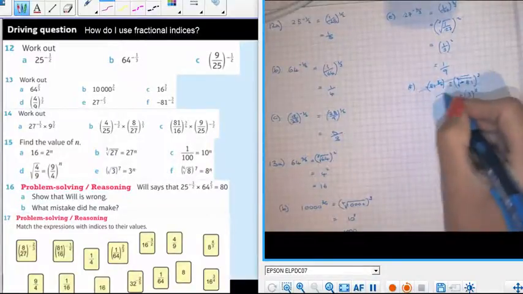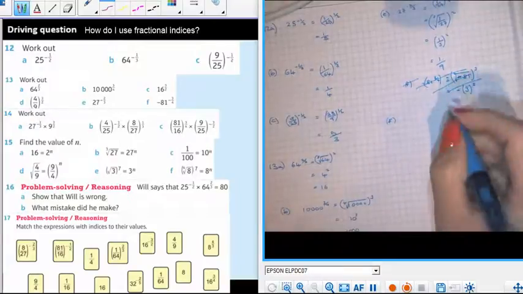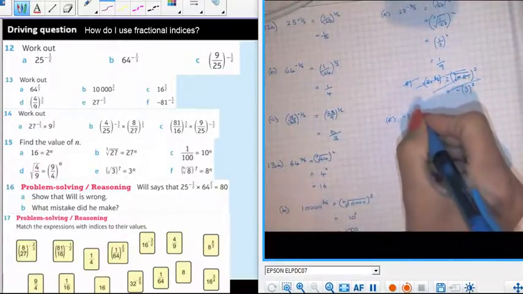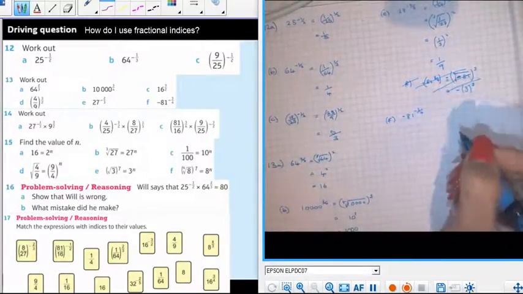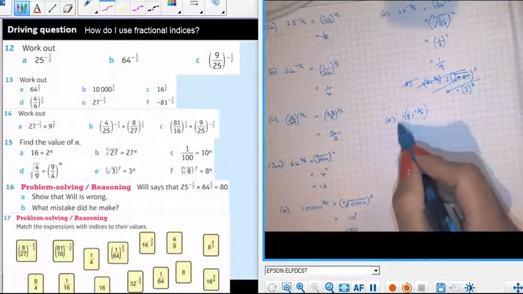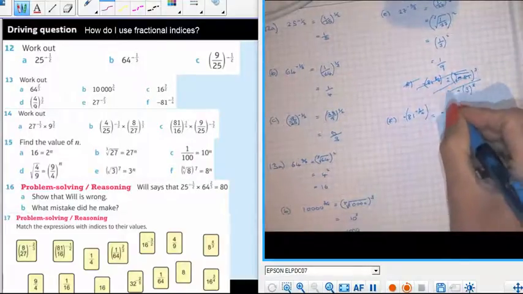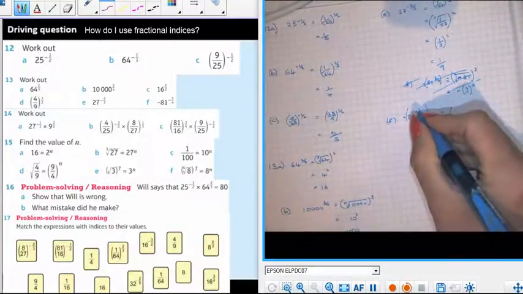Oops, let's start this question again because I've written the question down wrong. So 13f, negative 81 to the power of negative 3/4. For now, we're going to keep this negative separate. So it's negative. Deal with the negative here.